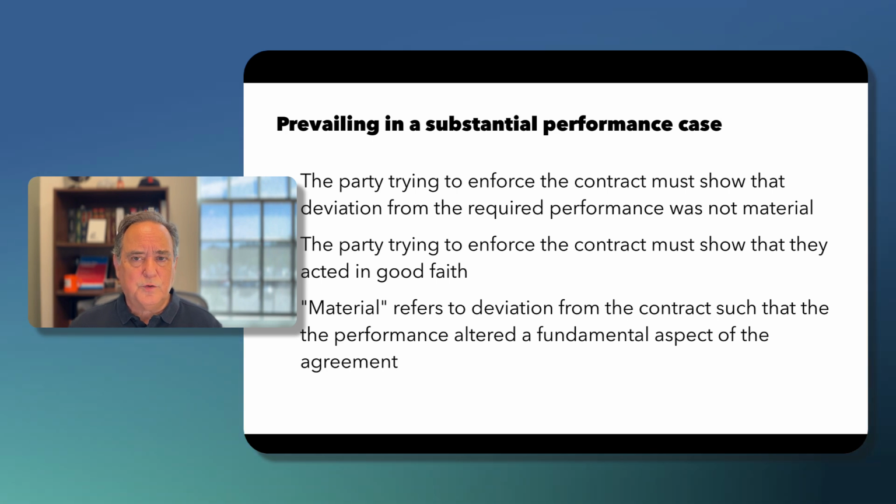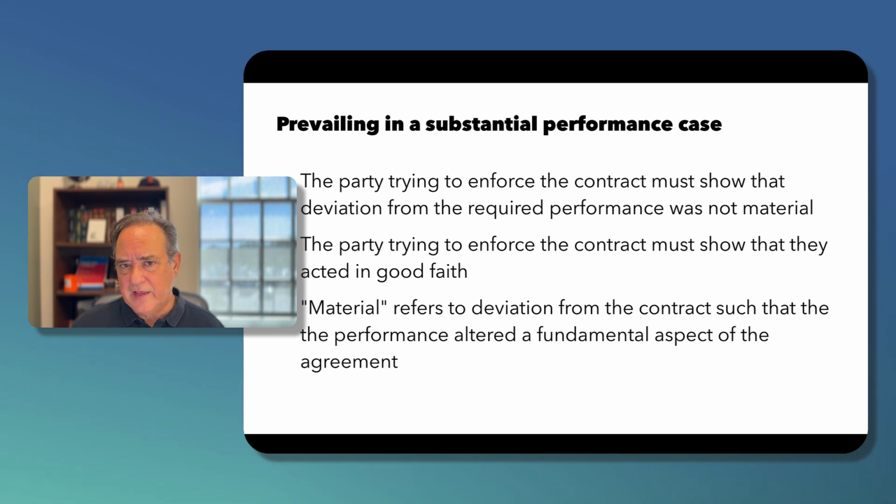Now, material refers to deviation from the contract such that the performance altered a fundamental aspect of the agreement. So a material breach would mean that the non-breaching party has been deprived of what it was entitled to receive or what it expected to receive under the agreement.